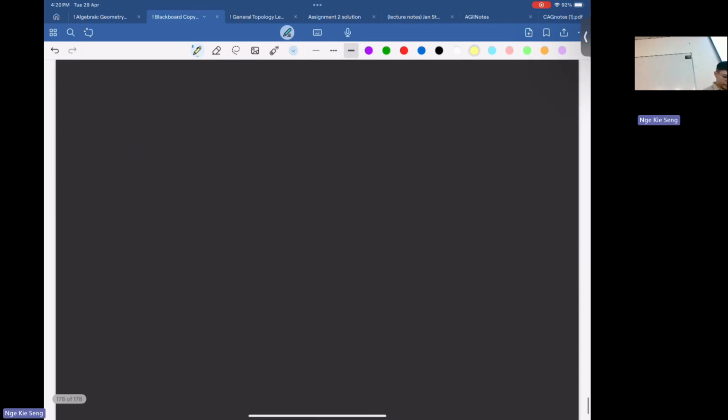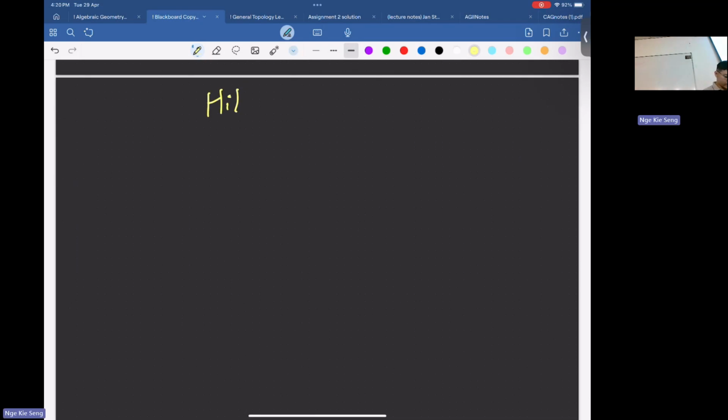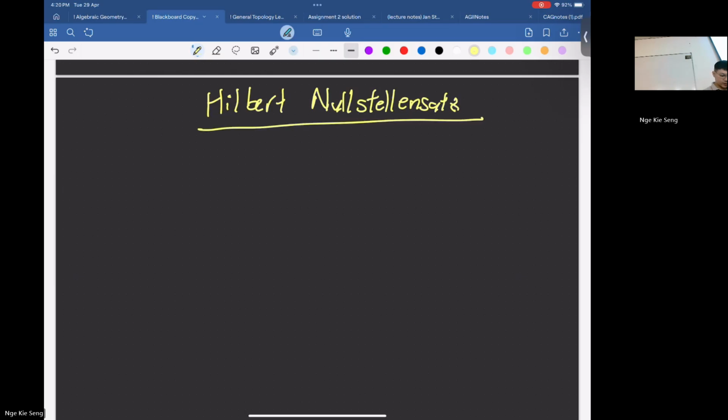So we'll go into the realm of Hilbert Nullstellensatz here. Does anyone know what Nullstellensatz means? Null is zero. Stellen, set. Satz is theorem, right?